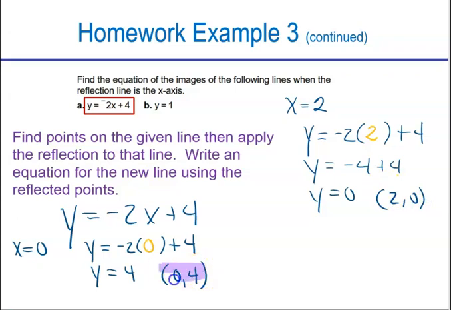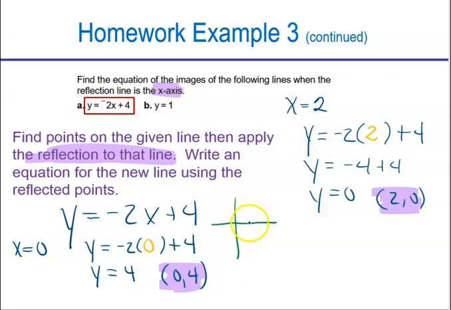We have the point 0, 4 and the point 2, 0 that lie on the line y equals negative 2x plus 4. What do we do with those? Now we reflect through our line. We're reflecting through the x-axis, remember? So if I reflect the point 0, 4 through the x-axis, remember, okay, so let's draw a picture.